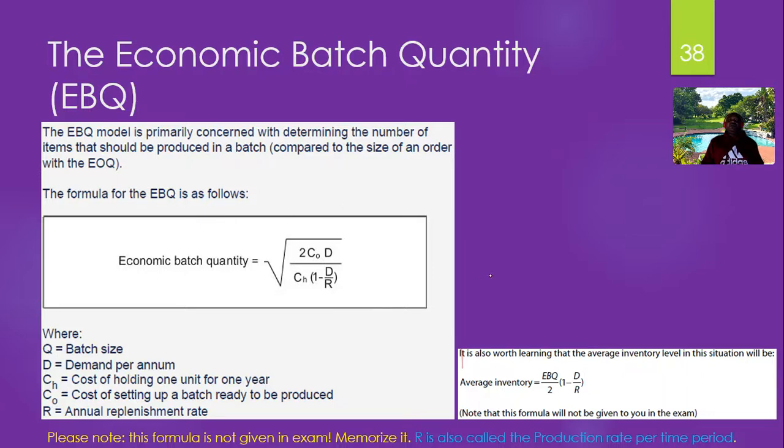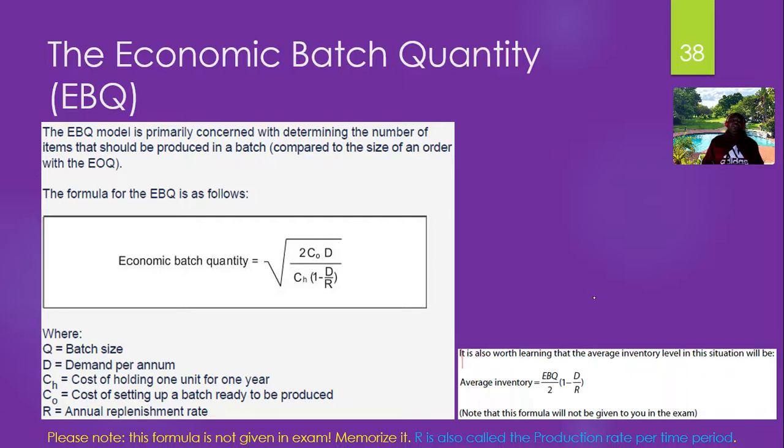So the formula is also given there. All right, so it's usually used when we want to know how many batches we are going to produce at a given time, or in what batches we are going to produce the items.